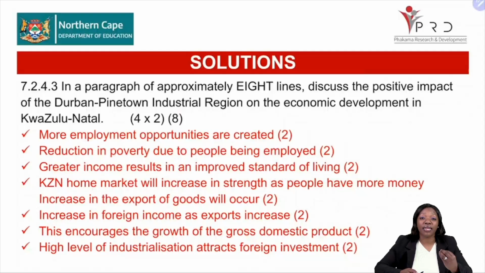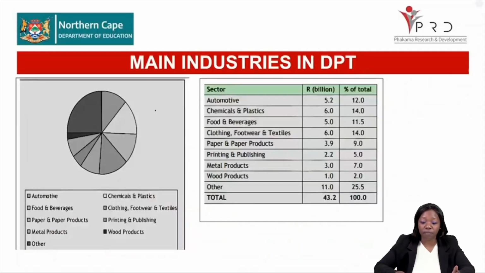Remember, if the region is able to attract foreigners or investors, especially those with a different currency, it means there will be more opportunities created. A lot of people will be benefiting, not only the people, but even the region itself, in terms of the generation of income and the GDP, which will also increase.